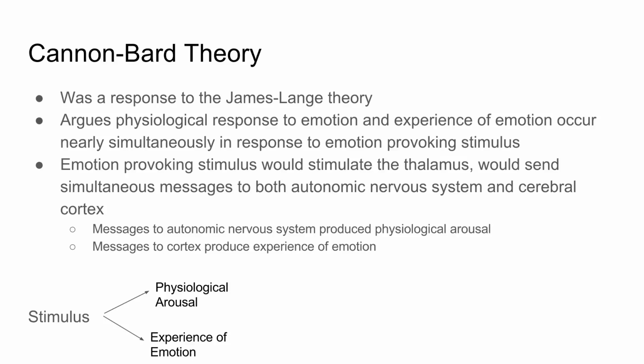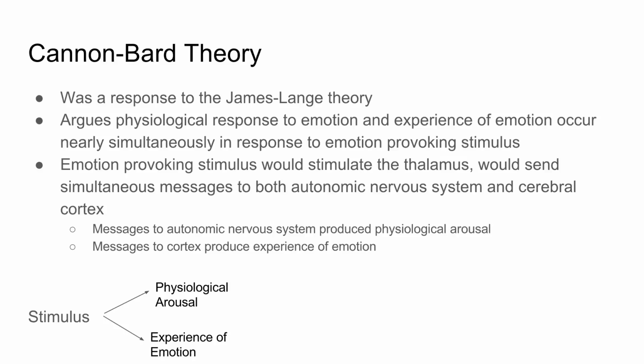So the idea, if you dive into it, like what's actually happening in the body, according to the Cannon theory, is that the emotion-provoking stimulus, again, whether that's internal or external, doesn't really matter, stimulates the thalamus. And as it stimulates the thalamus, it simultaneously sends a message to the autonomic nervous system and to the cerebral cortex.